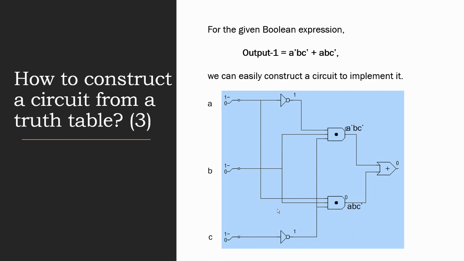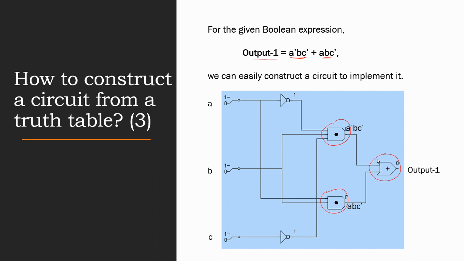Now we can construct a circuit for the Boolean expression. In this Boolean expression, there are two groups of inputs, each of which needs a 3-input AND gate, and finally, a 2-input OR gate is used to combine the AND gates.